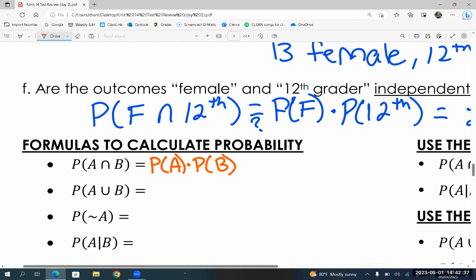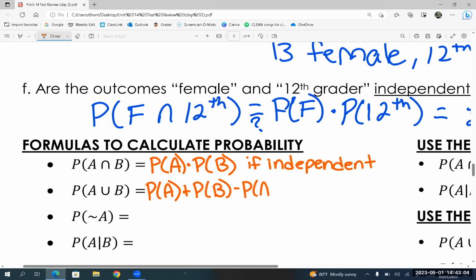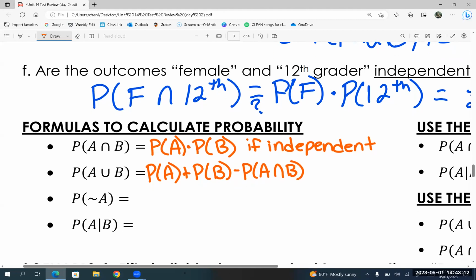We'll also use that to prove independence. You'll see sometimes in questions, it'll mention that these events are independent so that we know we can use this formula. Then our probability of A or B is equal to the probability of A plus the probability of B minus the probability of A and B, which sometimes will be 0. That just means that they're mutually exclusive.